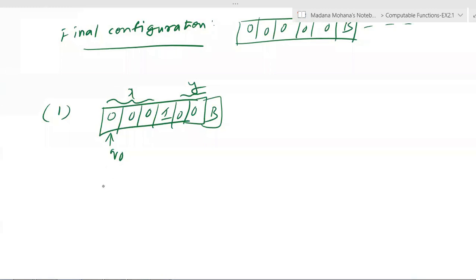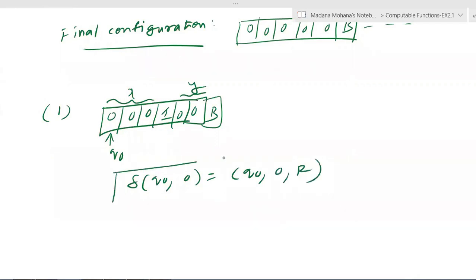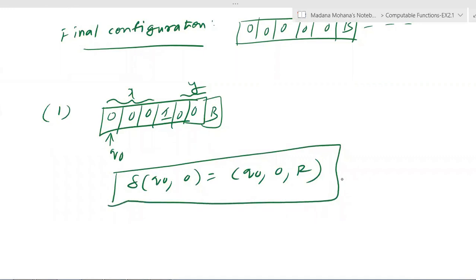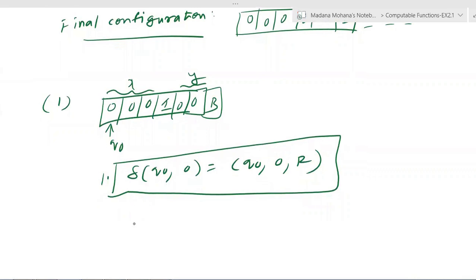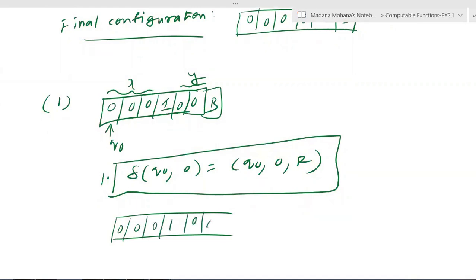So it is 0. Now here the transition is delta of q0 on 0, without changing state. You can skip all zeros till you get a digit 1. So this is the first transition. Now let us skip all this. Diagrammatically, this will be first 0, 0, 0, 1, 0, 0.